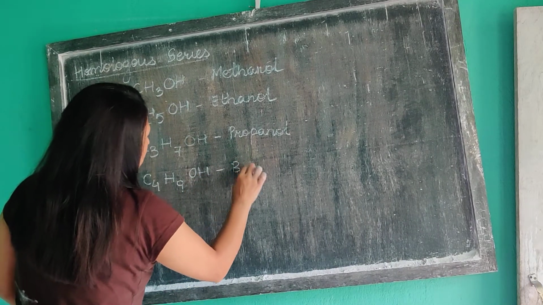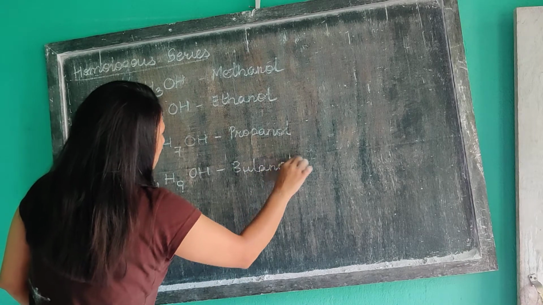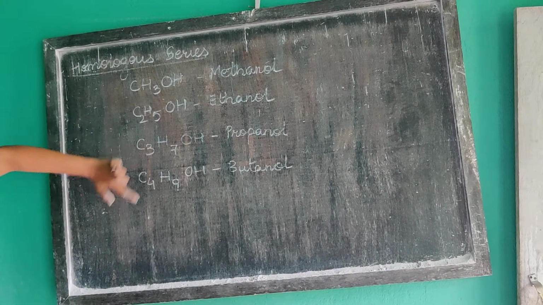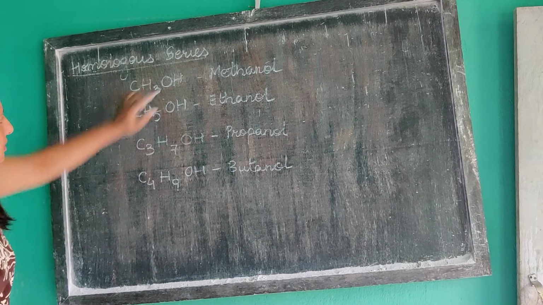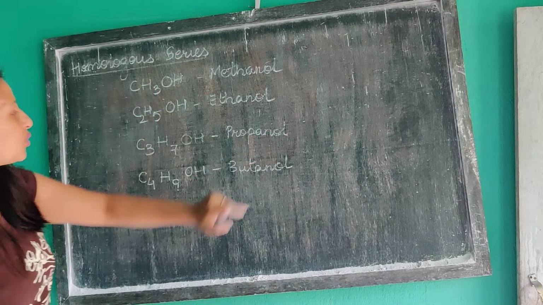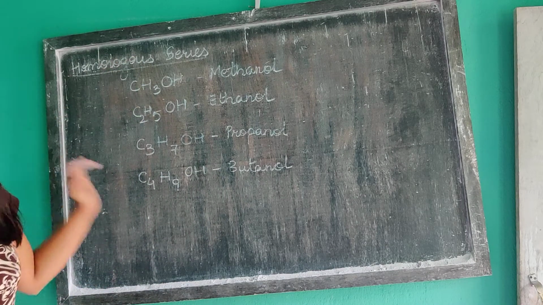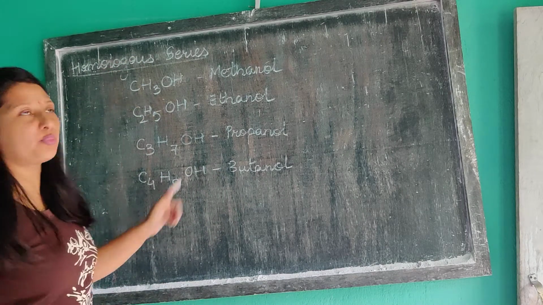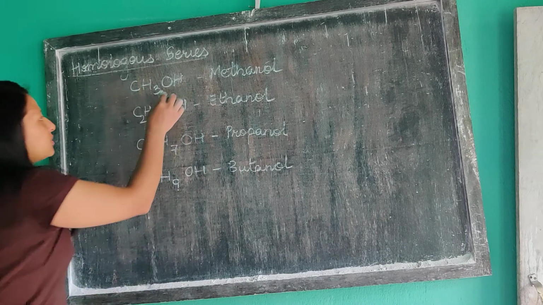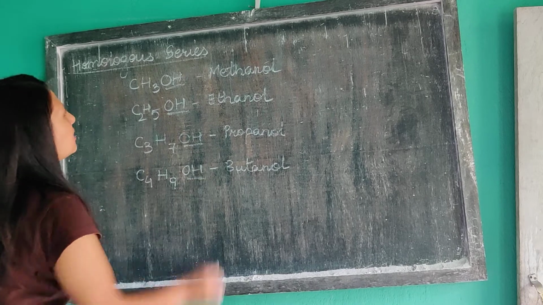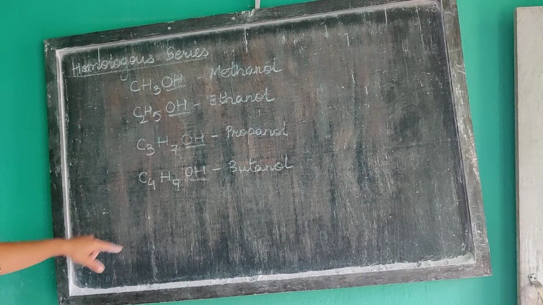This is butanol. So see, I have written the formulas of four carbon compounds. This is methanol, ethanol, propanol, butanol. Now in all these carbon compounds, the functional group is same. Okay, so which is the functional group? Hydroxyl group. In each of the carbon compounds, the functional group is same.